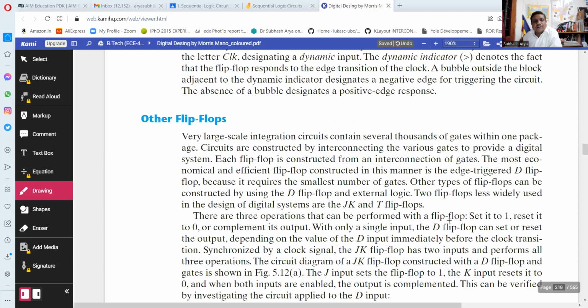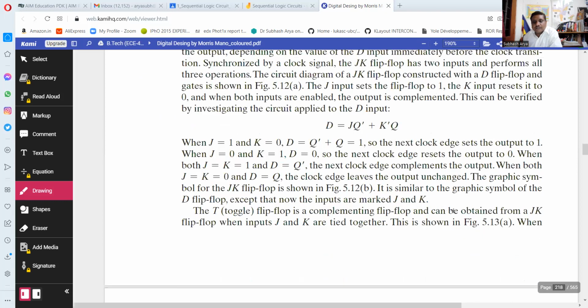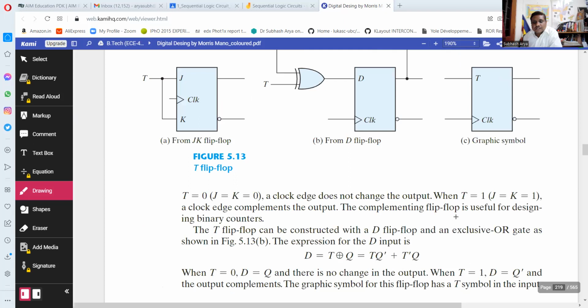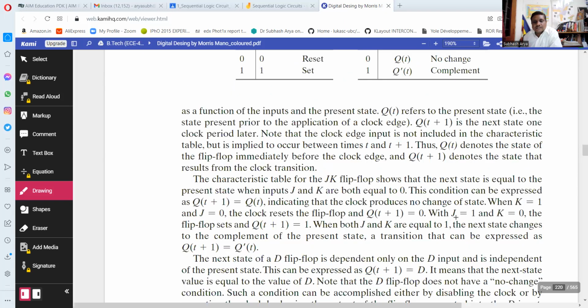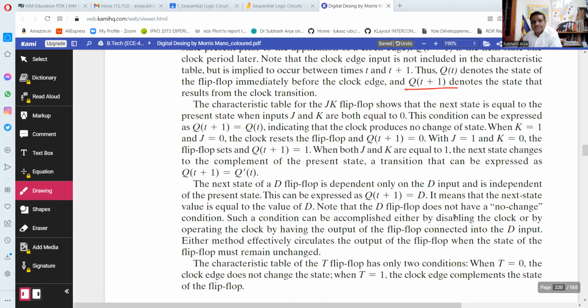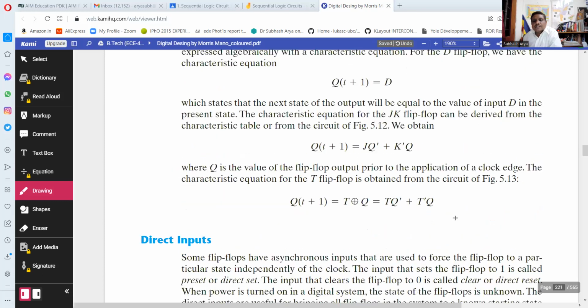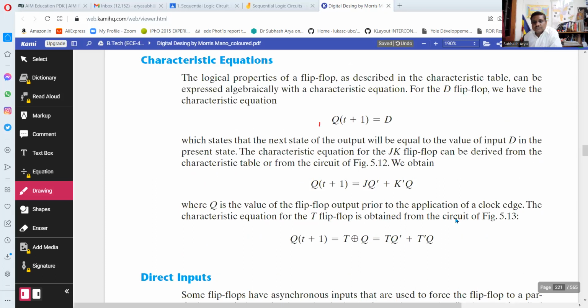We will not go into that detail, but what I would like to say here is about D in the SR-Latch, SR-Flip-Flop table. Now, Qt plus 1 is explained here. The characteristic equation of D flip-flop is given here.